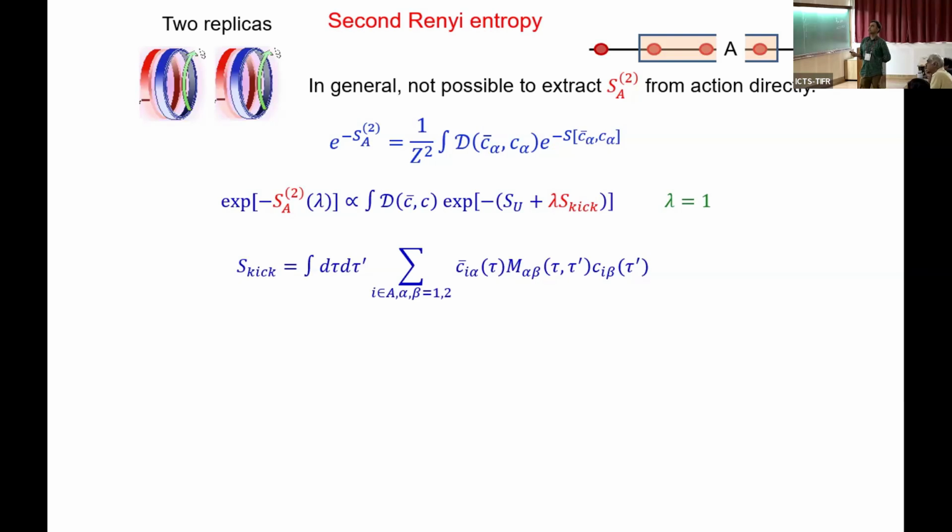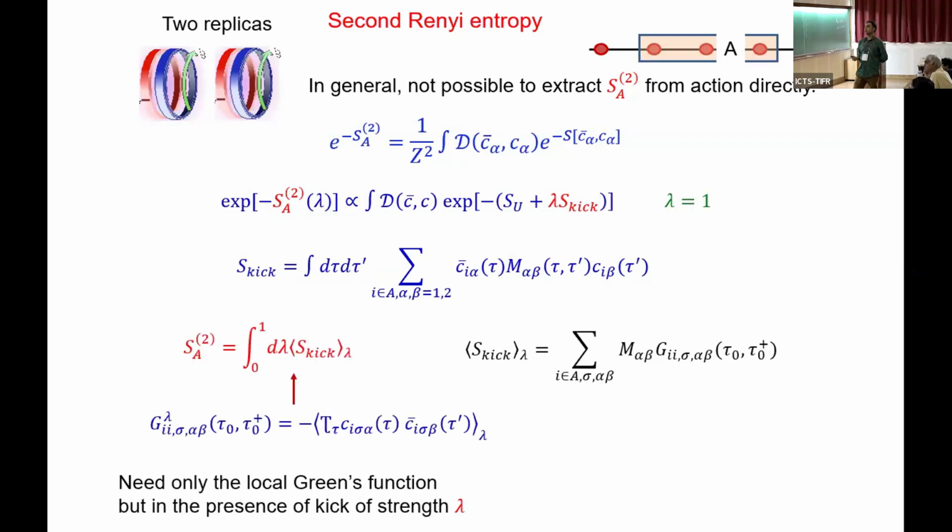But you can just put a lambda here, a strength. At lambda equal to 1, I recover what I want. Lambda equal to 0 gives you a decoupled, unentangled state, because lambda 0 doesn't couple the two replicas.